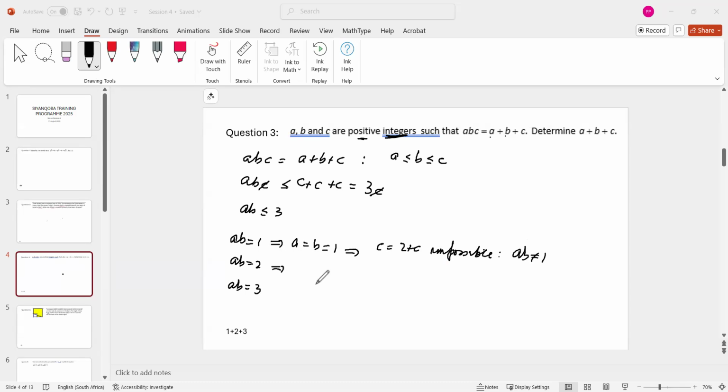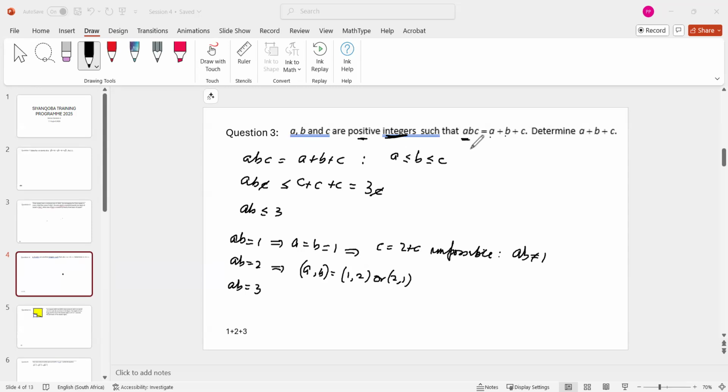Let's try A equals 1 and B equals 2. Now here I'm going to put this in pairs. I could have 1, 2, or 2, 1. And then in that case, AB is equal to 2.